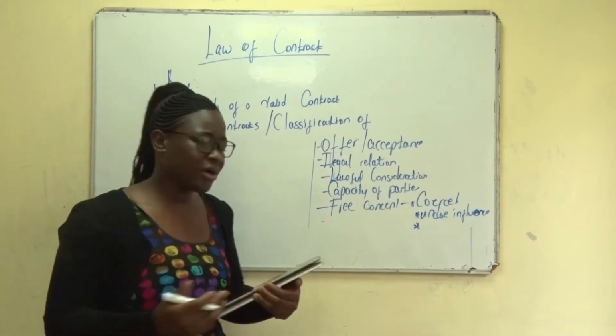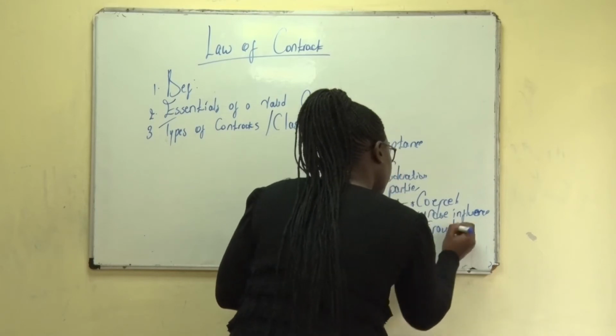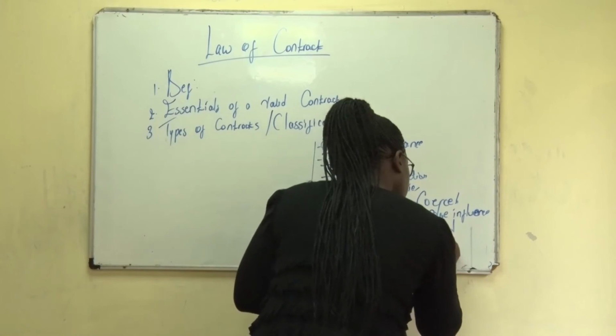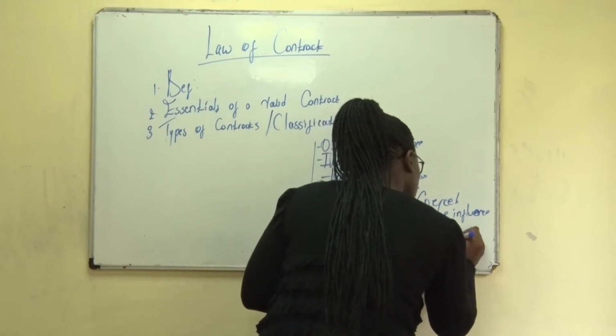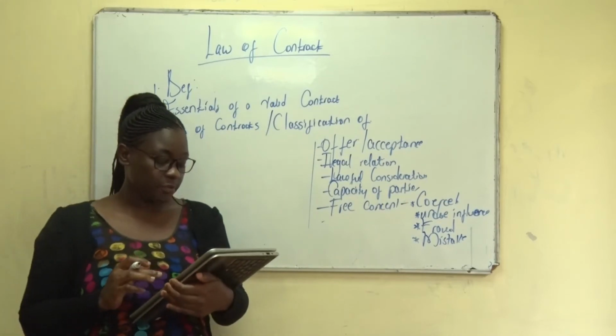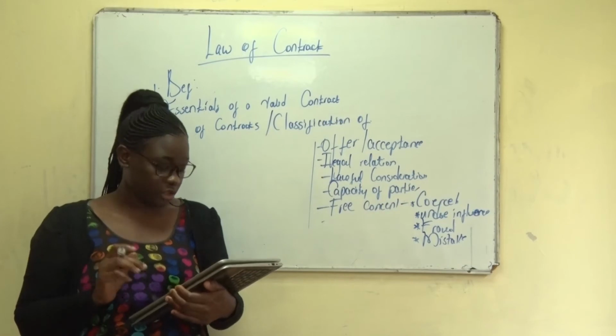And then there is fraud. Fraud is simply stealing. And then mistake. Maybe you didn't really know what you are doing. You are not in a sober state of mind. So we can say there was no free consent in the formation of that given contract.